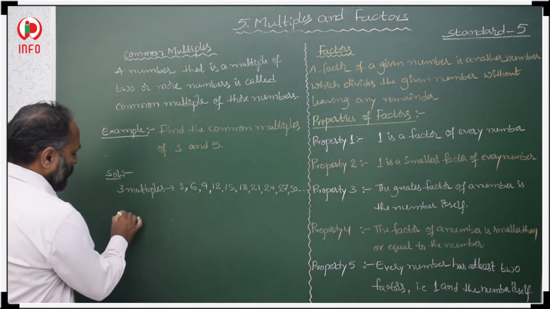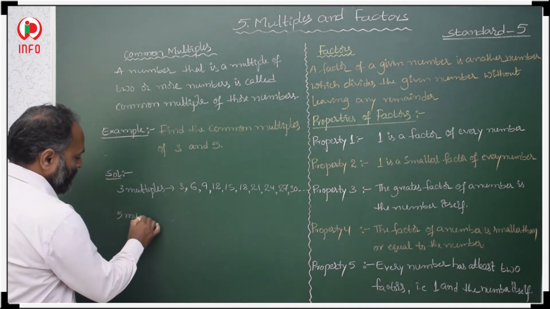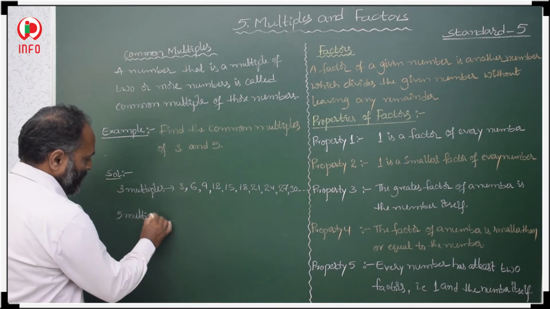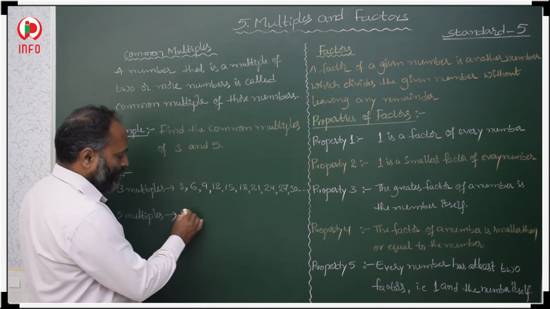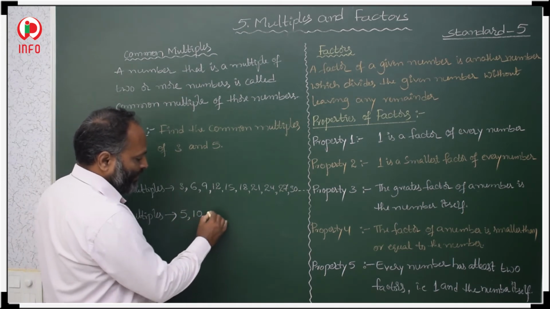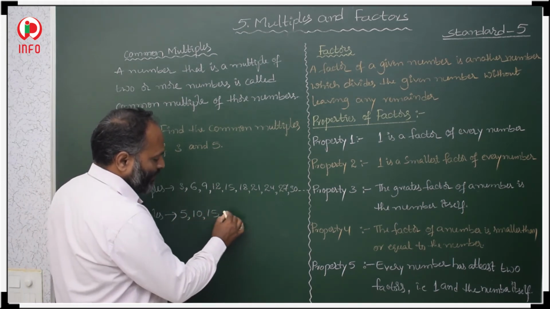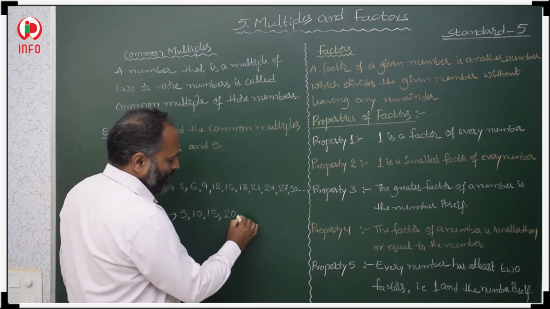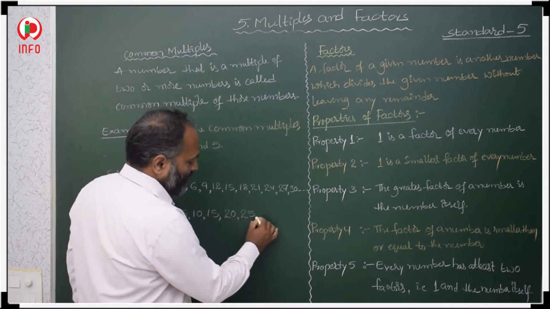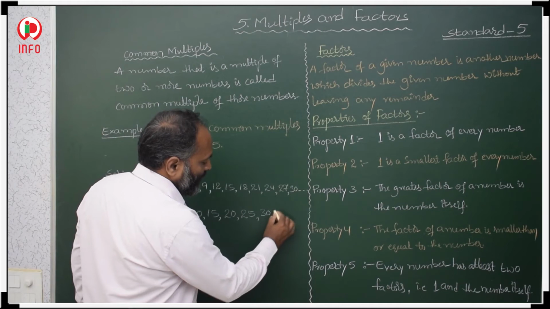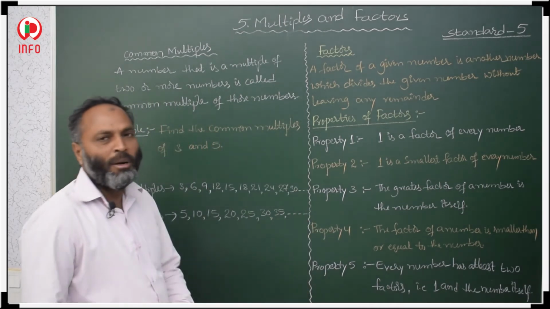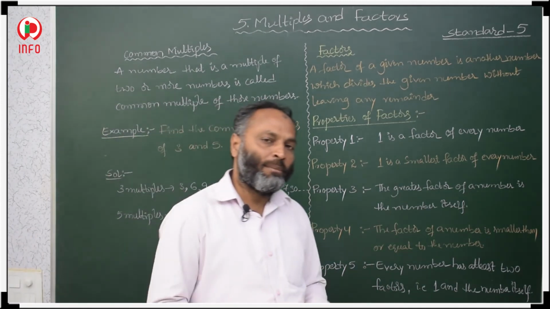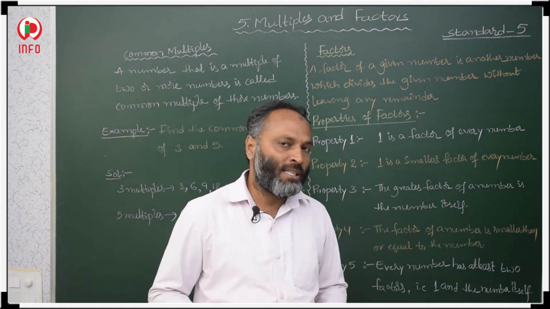Next, write the 5 multiples. 5 ones are 5, 5 twos are 10, 5 threes are 15, 5 fours are 20, 5 fives are 25, 5 sixes are 30, 5 sevens are 35, and so on. Then the common multiples: these are multiples of 3 as well as 5.